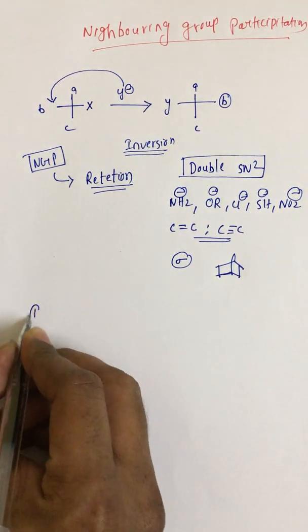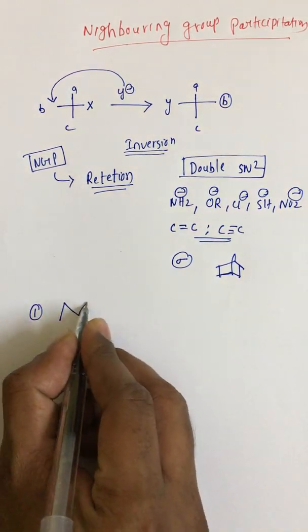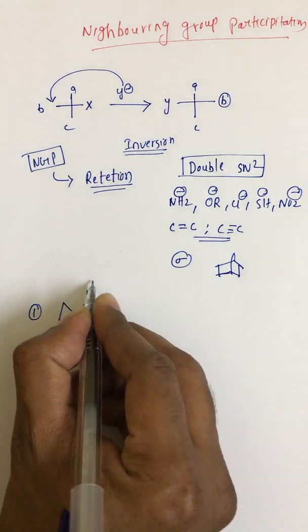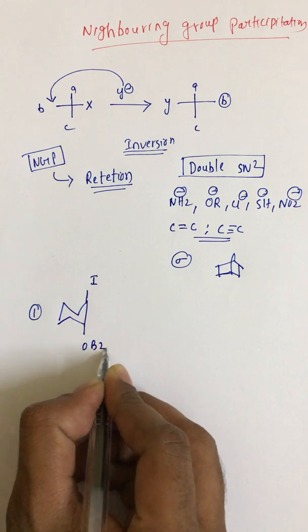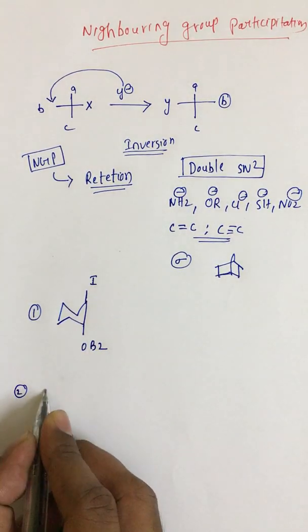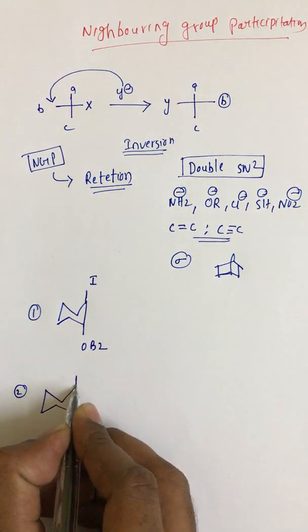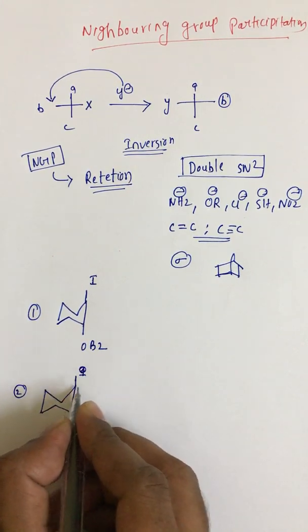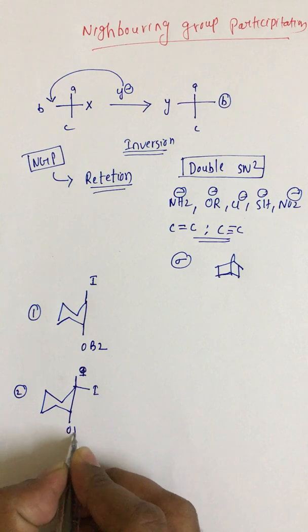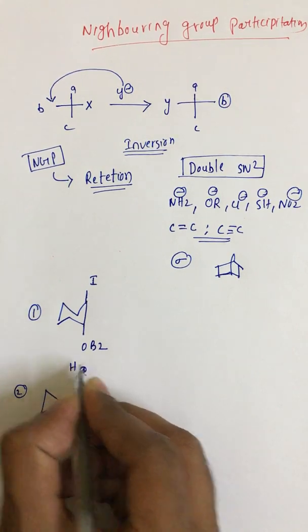So here we have two examples. Here we have iodine and OBz. Here iodine is equatorial, and OBz is axial.